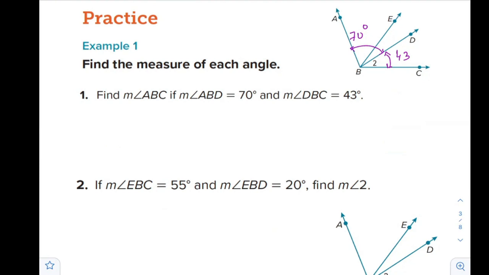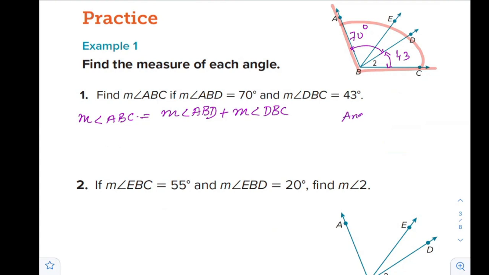He is asking to find the measure of ABC, the total. So as you see here, the measure of angle ABC is equal to the measure of angle ABD plus the measure of angle DBC.